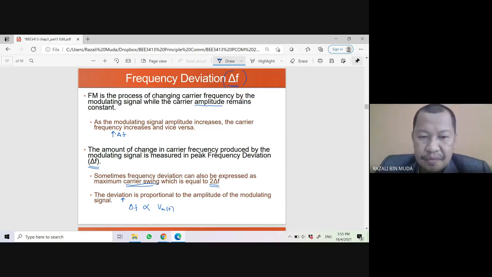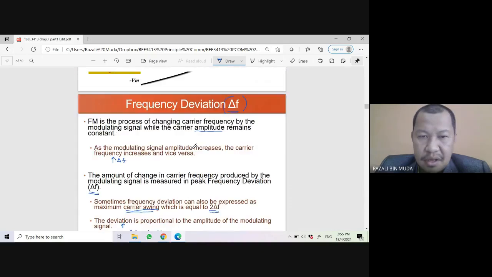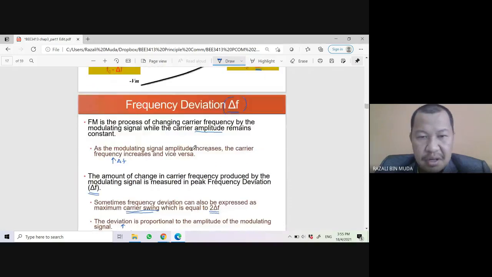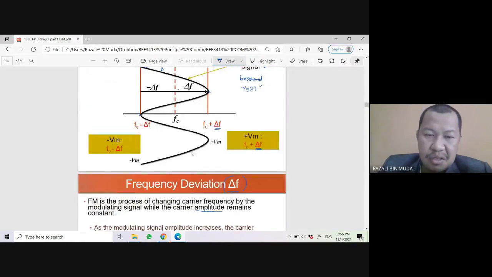So this is delta F, double delta F. This is called carrier swing, the swing of the carrier frequency from the minimum to the maximum, which is equal to double delta F.